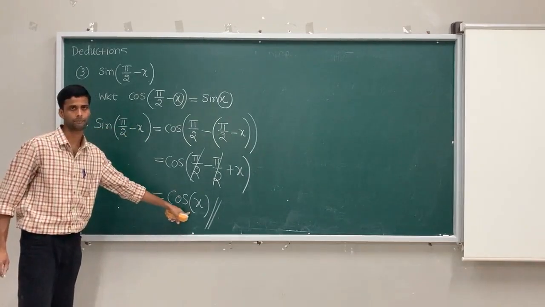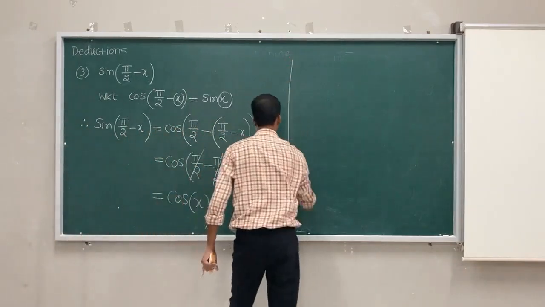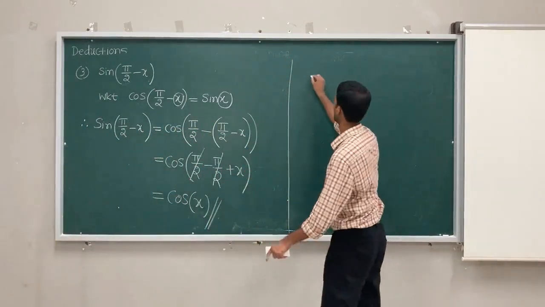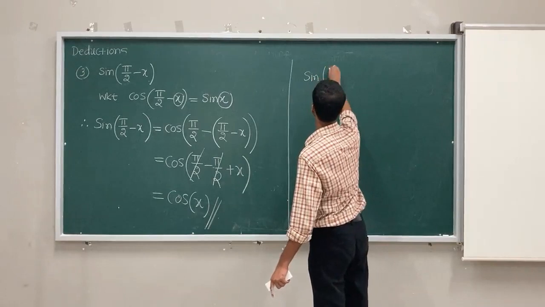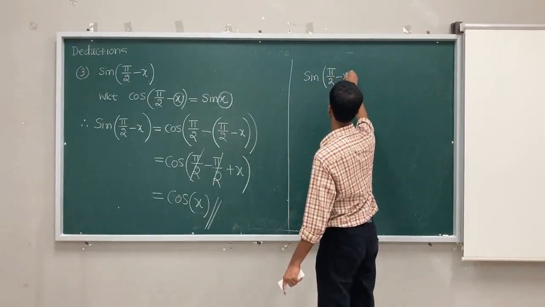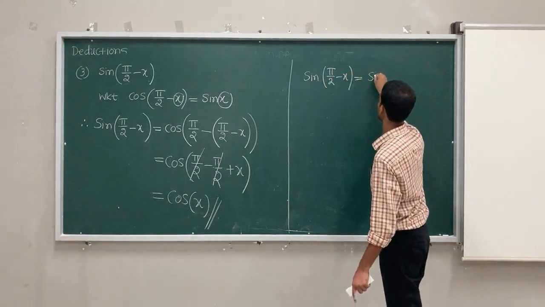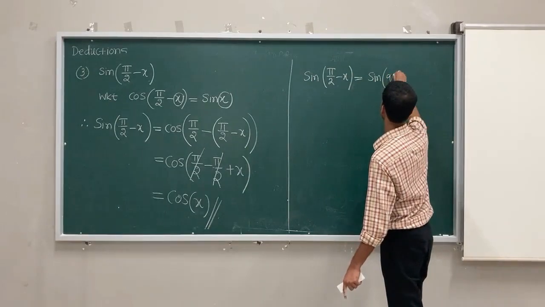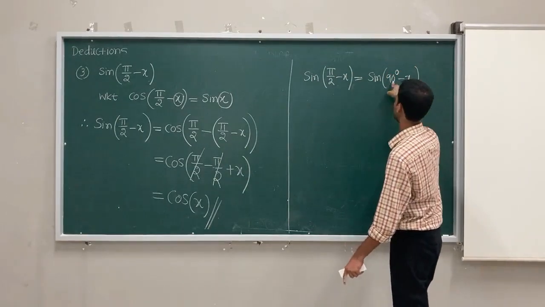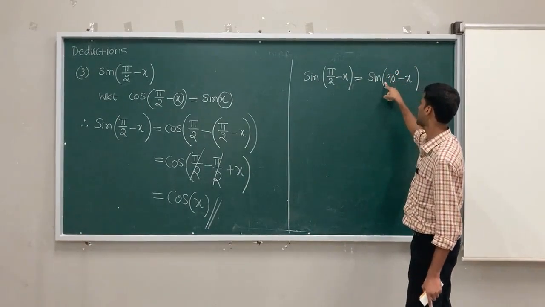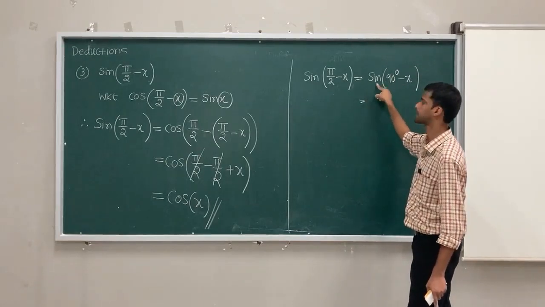So sine of pi by 2 minus x, or sine of 90 minus theta, is cos theta. Let me use the ASTC rule here, whether it is the same answer. Sine of pi by 2 minus x is similar to sine of 90 degrees minus x. It is a multiple of 90, but with an odd number multiplied. What is the co-function of sine?